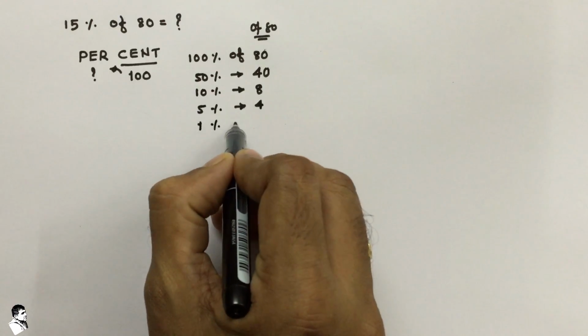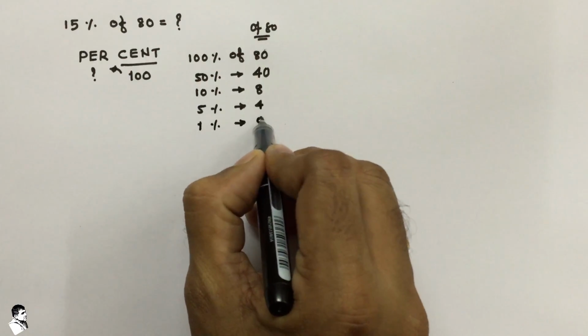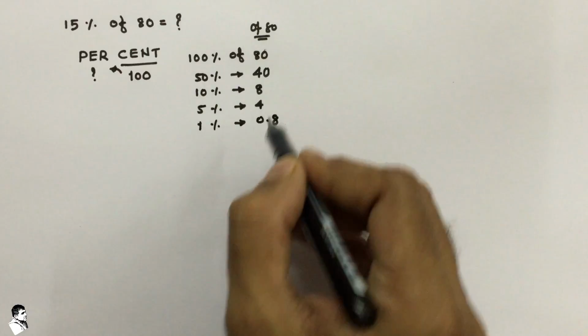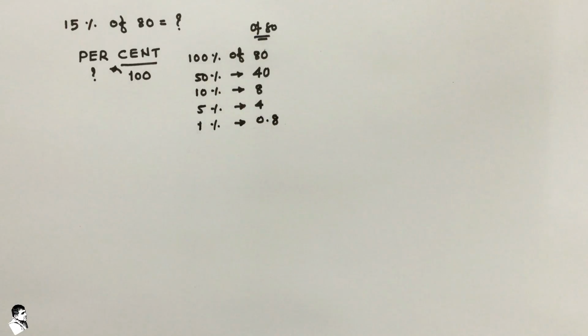And 1% of 80, that is 0.8. So in this way we just found out percentage very easily. So by using that we can find the percentage of any value, or you can say any percentage of any value, very easily.